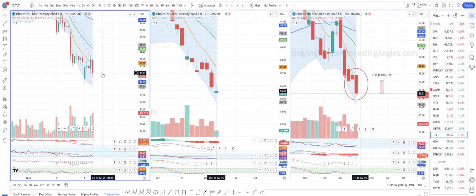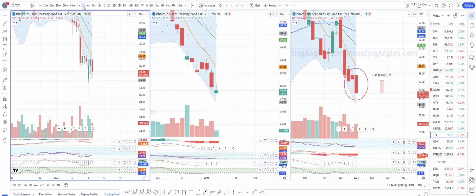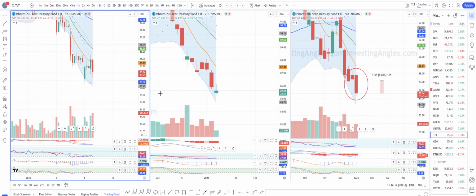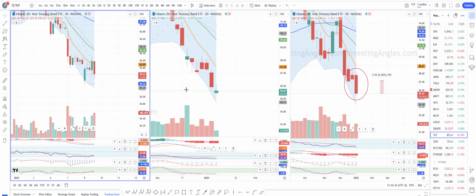How low we don't know yet, but 85.24 looks like a reasonable target for the next move. We'll see how it closes again. So that's very important. In 2 hours, we're going to have a 2 hour candle closure, but we keep monitoring.